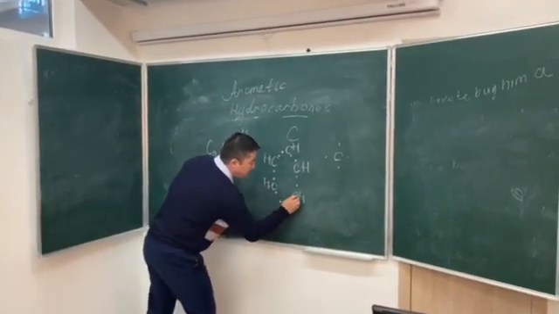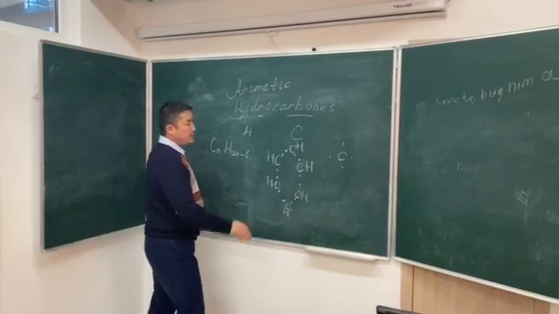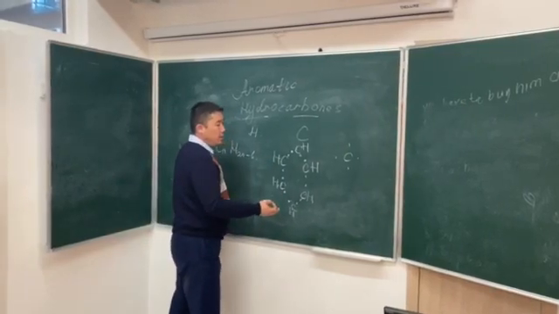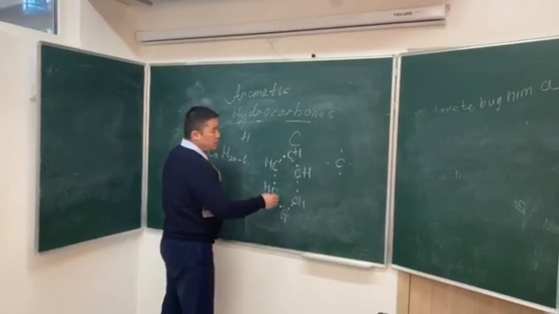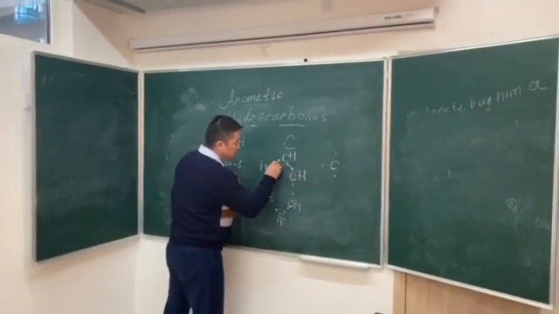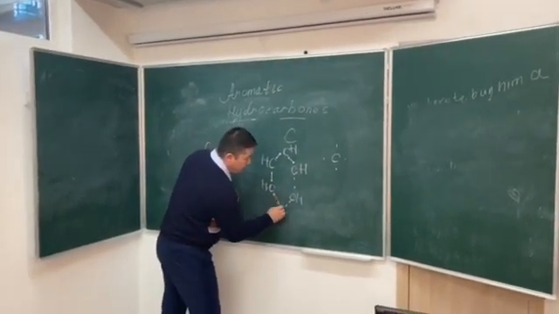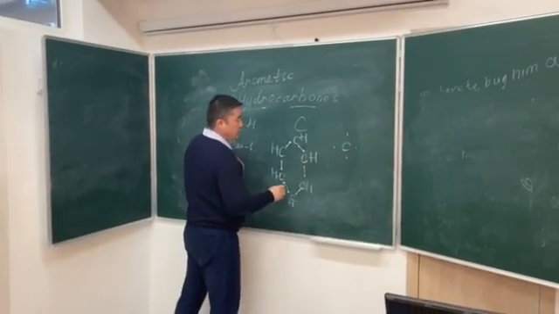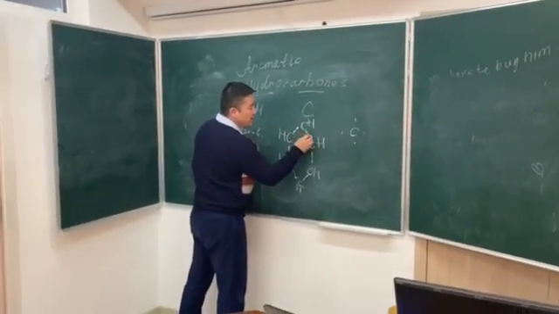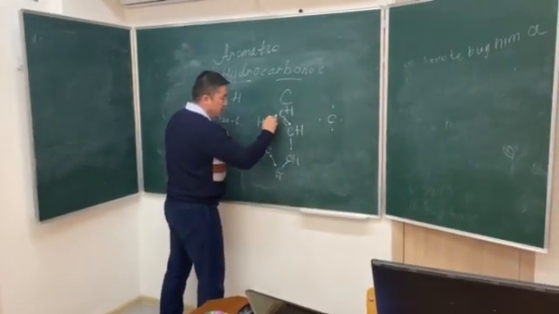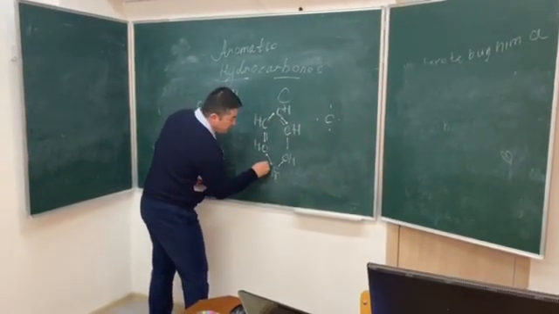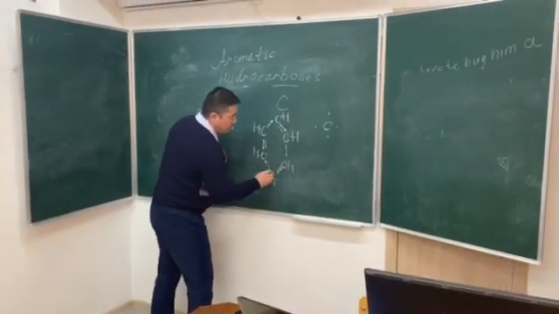Bonding electrons. But we have another electron. So here the bond will change. How to change? This is single bond, double bond, single bond, double bond, single bond, double bond.